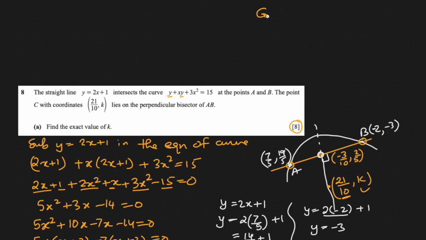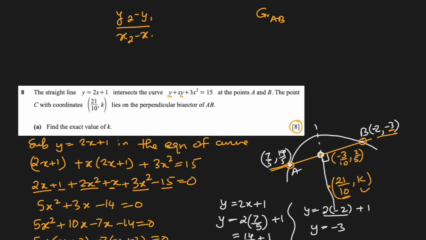Let's find the gradient of AB, and you know the formula for any gradient is y2 minus y1 over x2 minus x1, where x1, y1 and x2, y2 are 2 points, and we know them here. So let's find this.